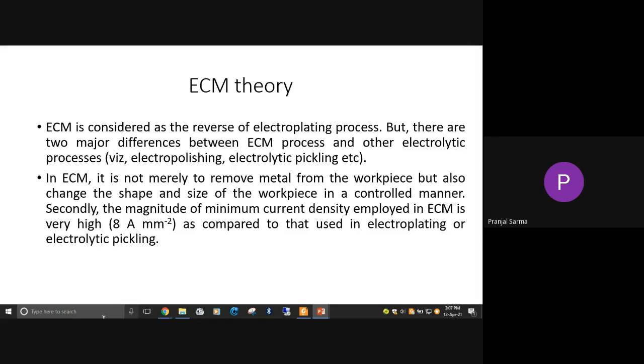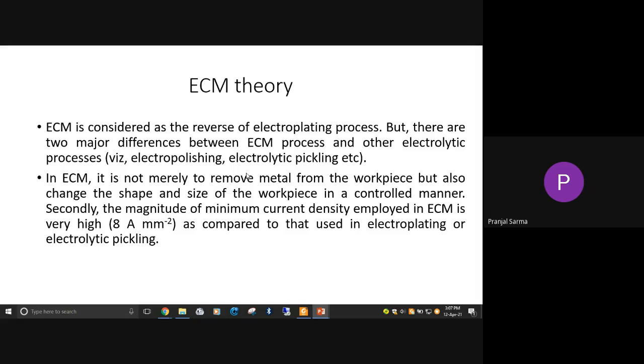Here our intention in the case of ECM is not just to remove the metal from the workpiece, but our intention is something else. We are not only randomly removing the material from the workpiece, but also changing the shape and size of the workpiece in a very controlled, very precise manner.